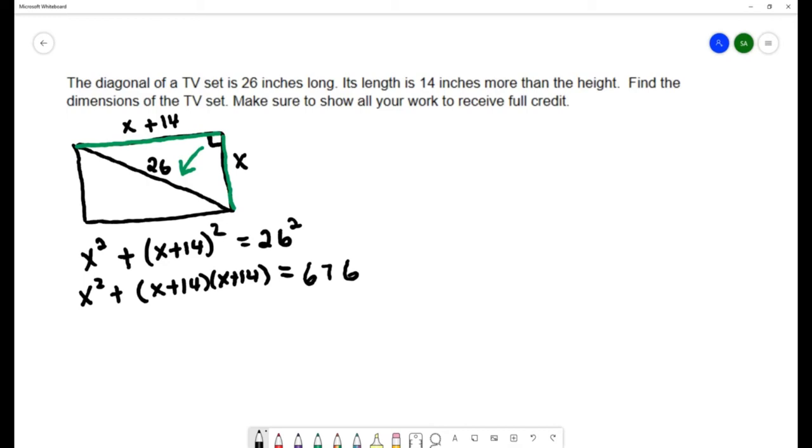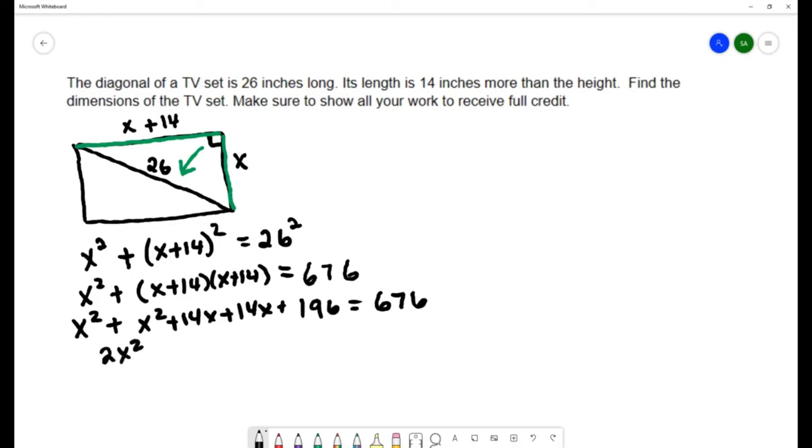To multiply this out, we have x squared plus x squared plus 14x plus 14x. And I need 14 times 14, that's 196. Let's combine like terms. X squared plus x squared, that's 2x squared. 14 plus 14 is 28x.